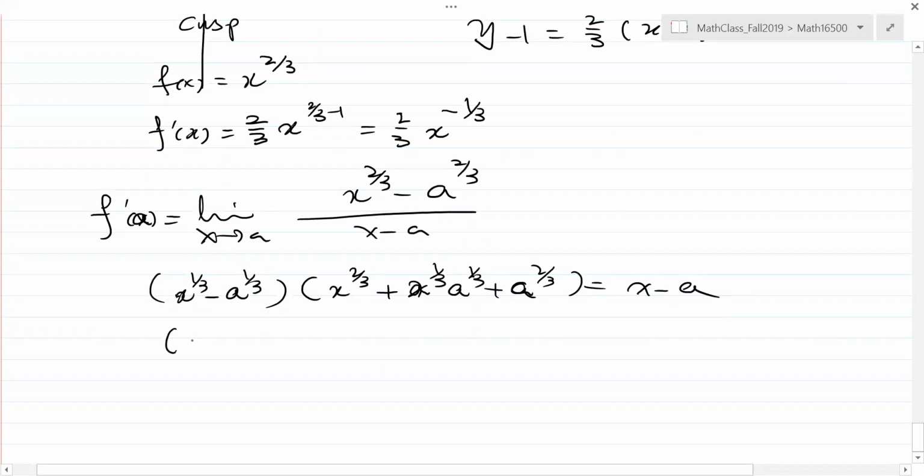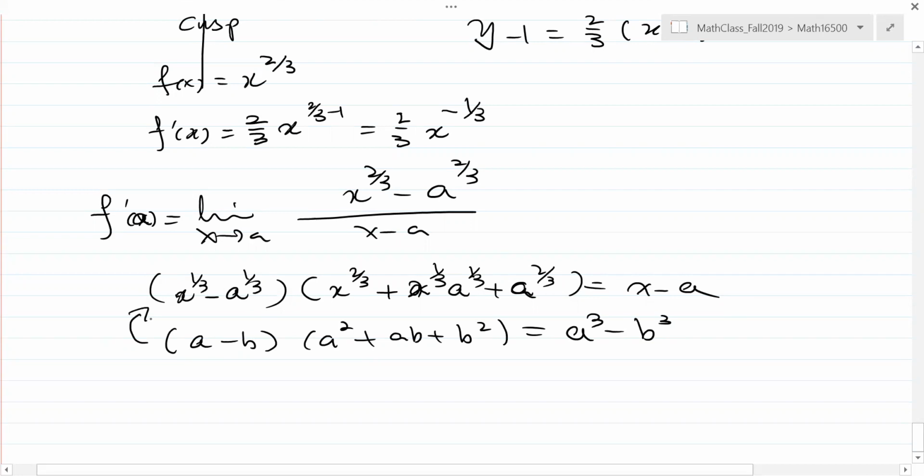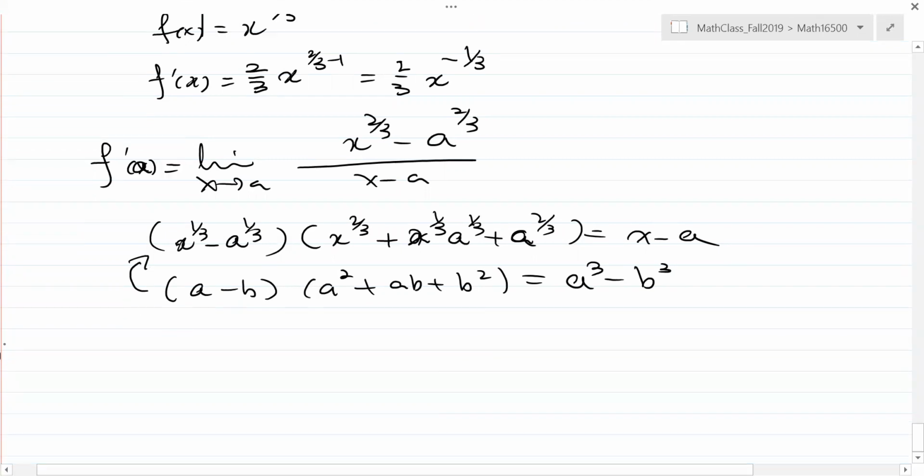Well, we have another formula: a minus b times a squared plus ab plus b squared is a cubed minus b cubed. This implies that. So it becomes more and more complicated, a challenging job to find the derivative using the limit definition.